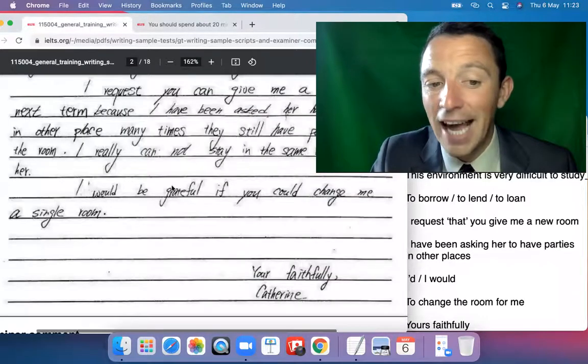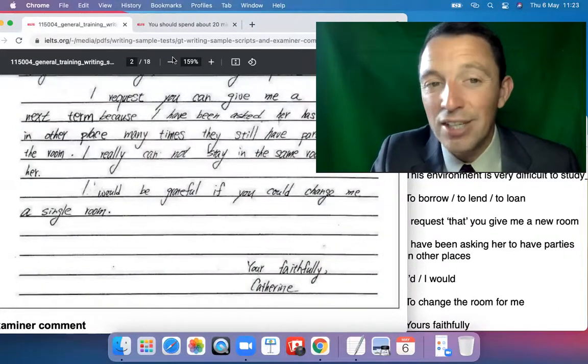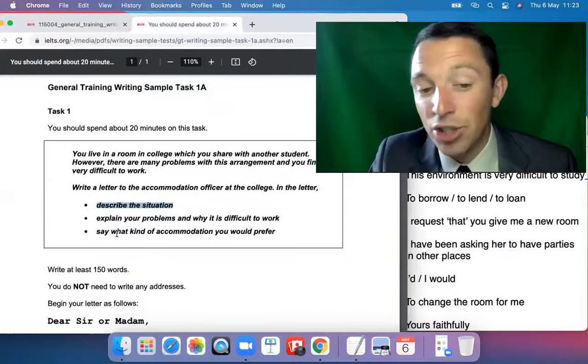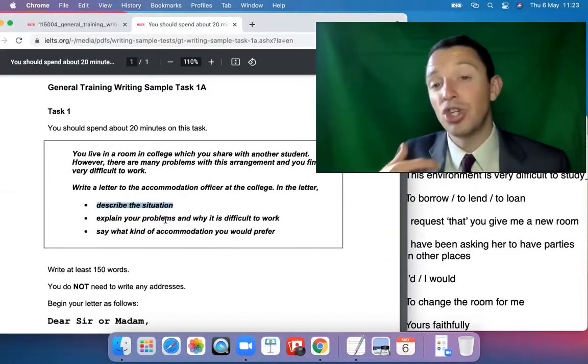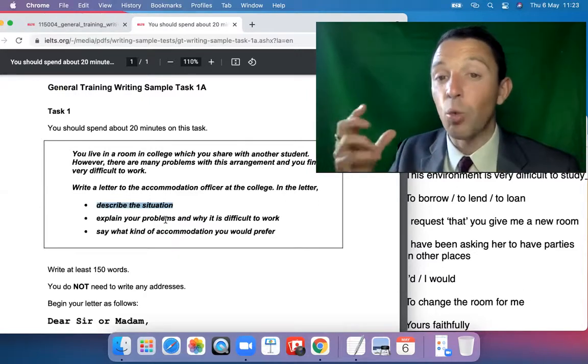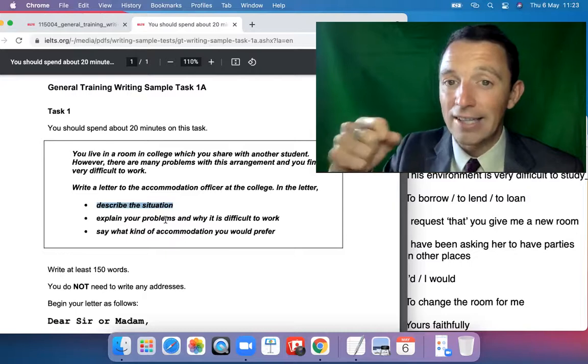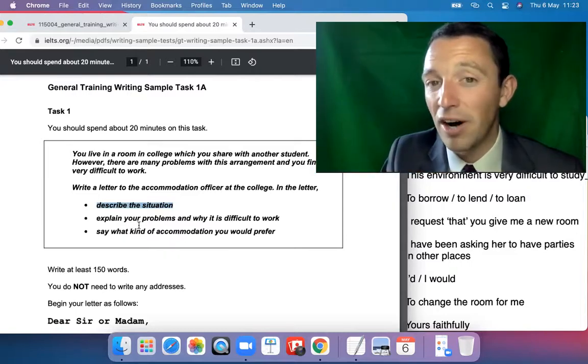So if you look at the end, I would be grateful if you could change me a single room, but she didn't really describe what kind of accommodation. Yes, it's a single room, but she would probably need, and in the exam the examiner will require, more content and more explanation in relation to the final part to say what kind of accommodation.